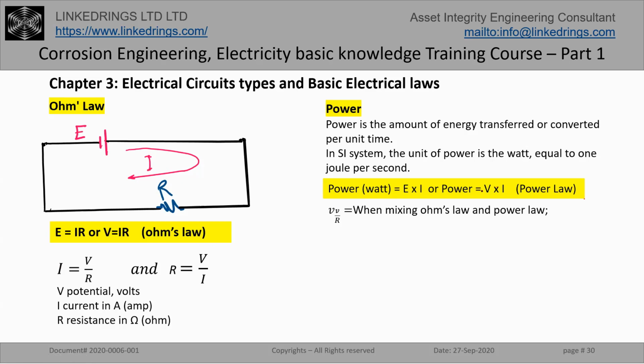So the power equals V times I, which means V times V divided by R. Here I replaced the I by V divided by R. Also, the power equals, if I replace E with IR, IR times I, which equals I square R. So the power could be VI or I square R or V squared divided by R.